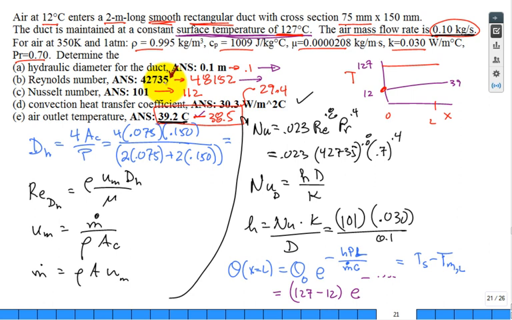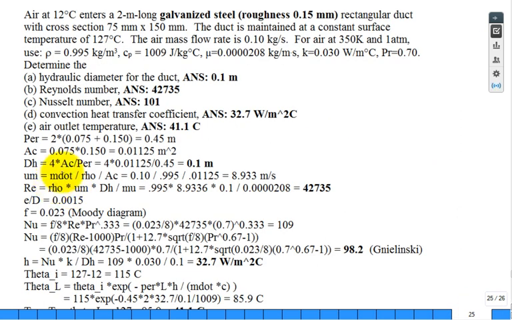I have to calculate the friction factor from the Moody diagram. Do I have a Moody diagram anywhere? So the friction factor from the Moody diagram is 0.023. If you had a Moody diagram and you looked at it, that's reasonable. It's on the low end. It's not that rough.